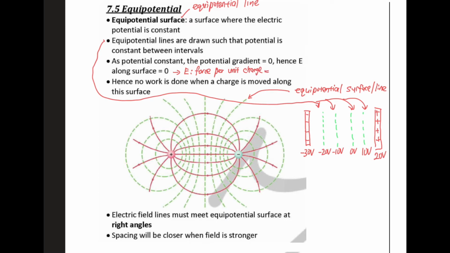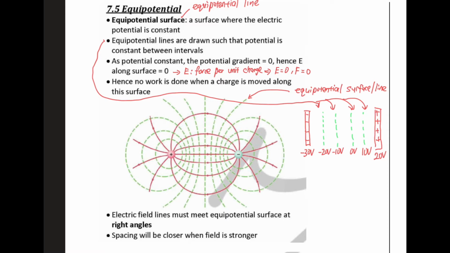So in this case, when the particle is moving along the equipotential line, the electric field strength is 0, and that means the force is also equal to 0.